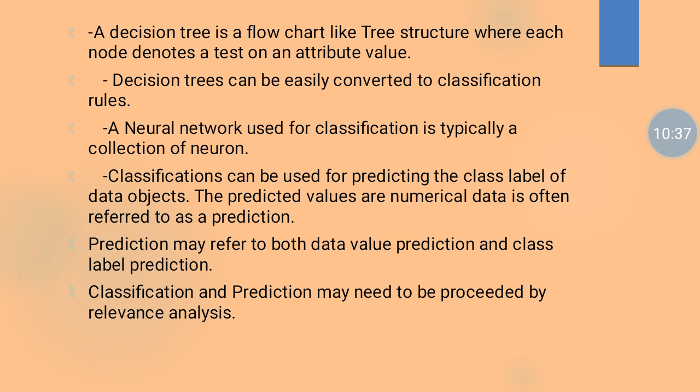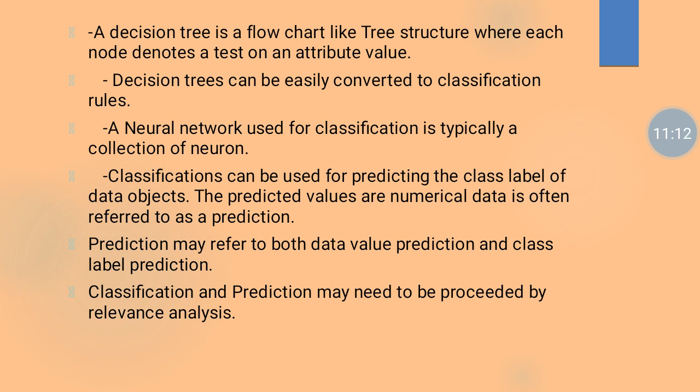Another presentation view is the neural network, which is used for classification. It is a collection of neuron-like processing units with weighted connections between the units. So this is called a neural network. All the processing units are a collection of neurons, connected by using weighted values between the units.